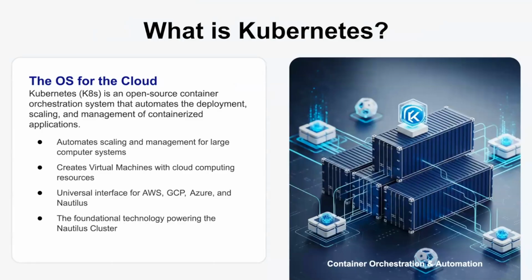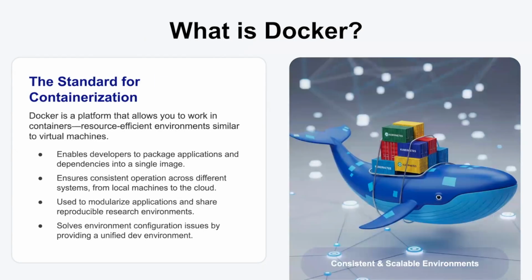And what it runs on is Kubernetes. Kubernetes manages all these different servers and shows it as just one server or one interface to run your programs across many computers. And Kubernetes under the hood uses Docker.